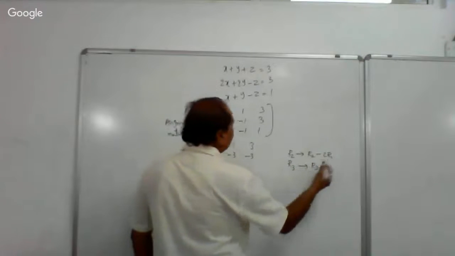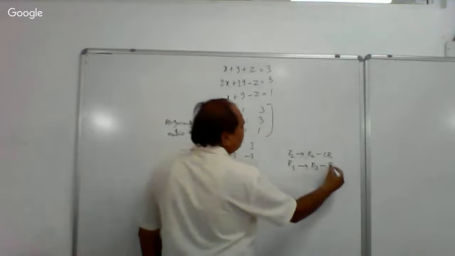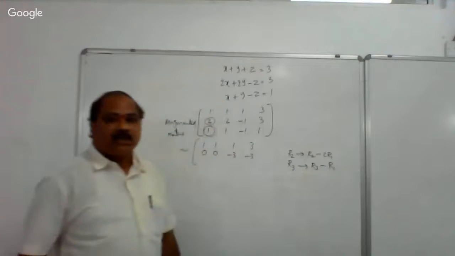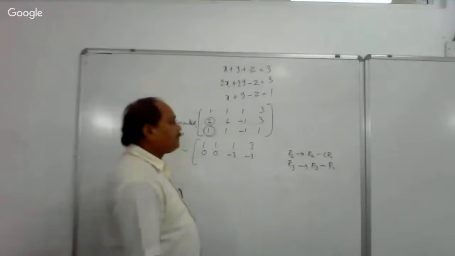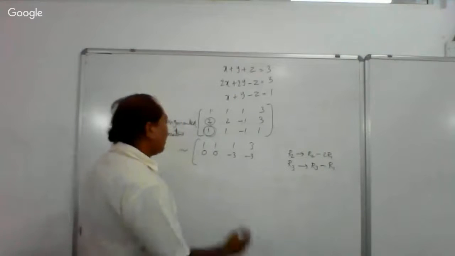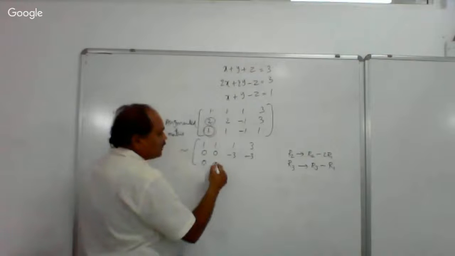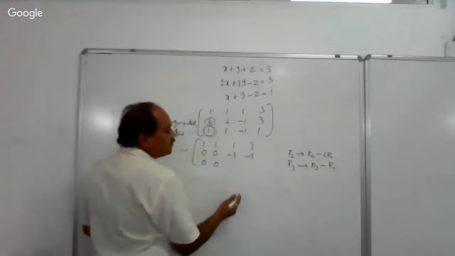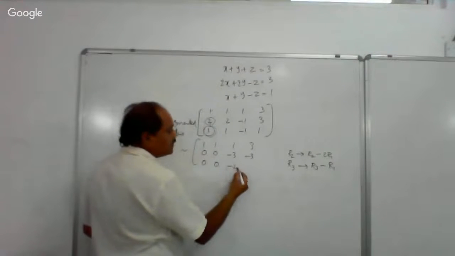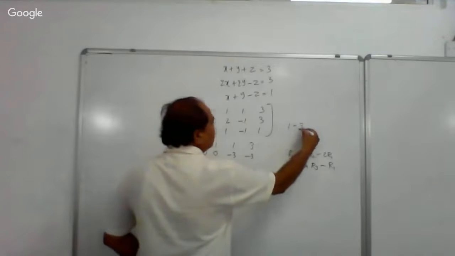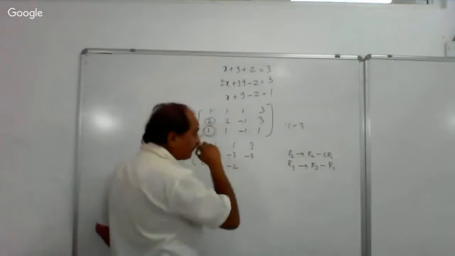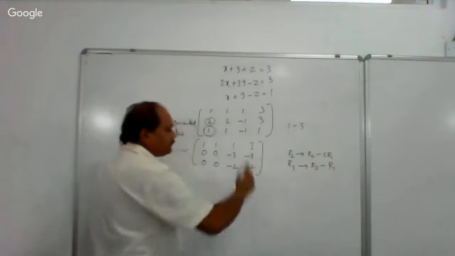Here R3 minus R1 gives 0, 0, minus 2, minus 2. Now, 1 minus 1 is 0, 1 minus 1 is 0, minus 1 minus 1 is minus 2, 1 minus 3 is minus 2.